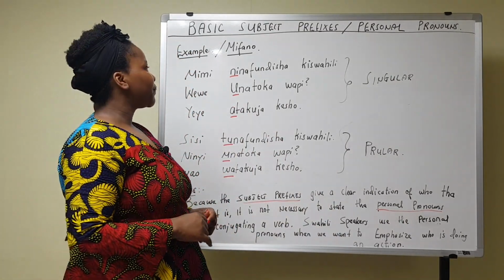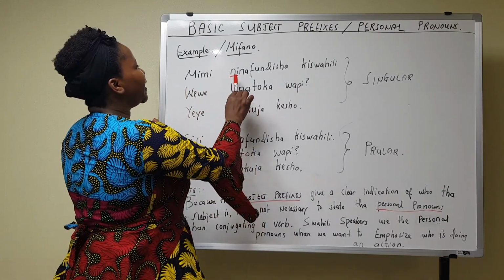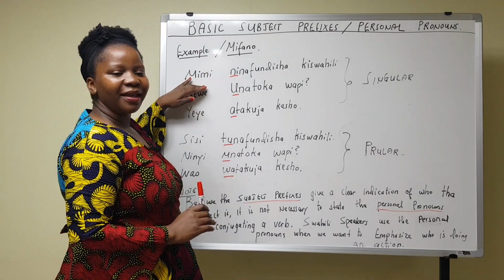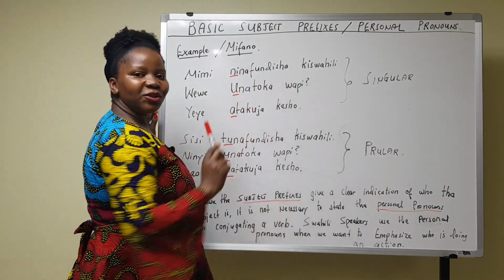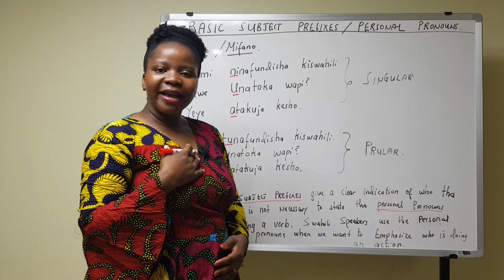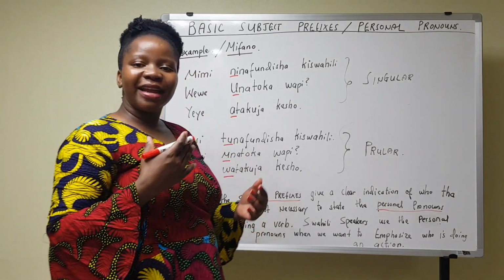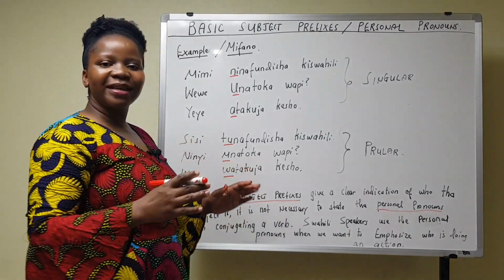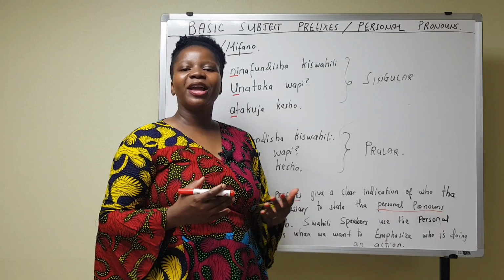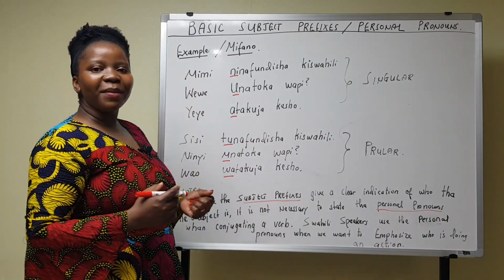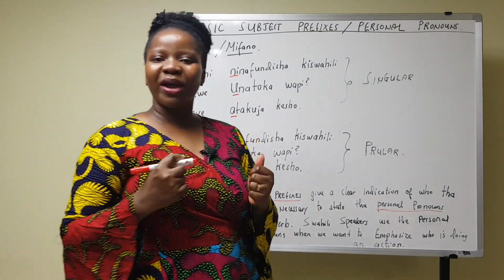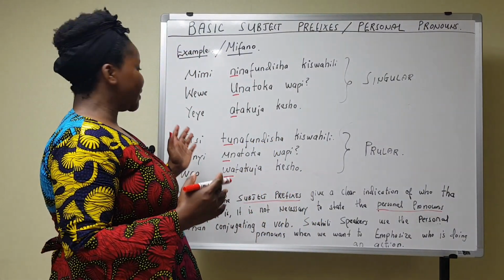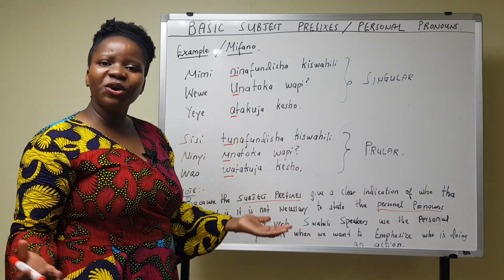For example, you can say ninafundisha Kiswahili without using mimi. I am teaching Swahili. That is a clear Swahili sentence. Also you can say unatoka wapi?